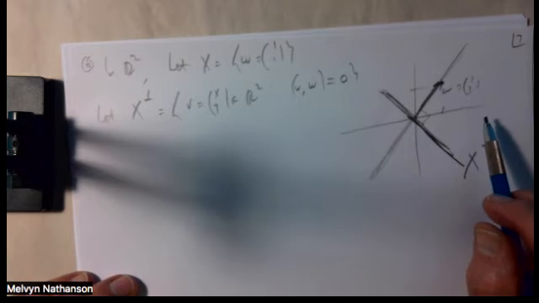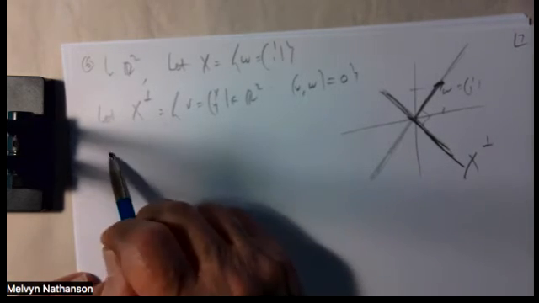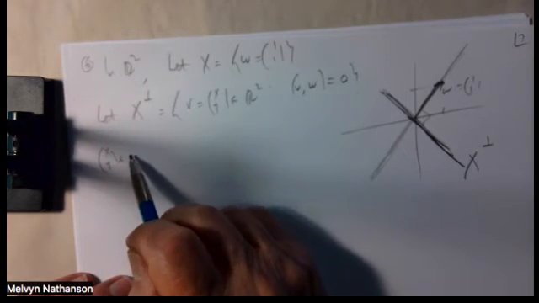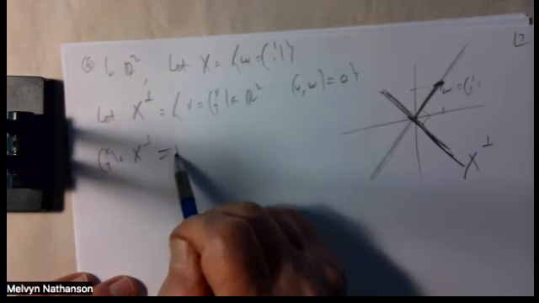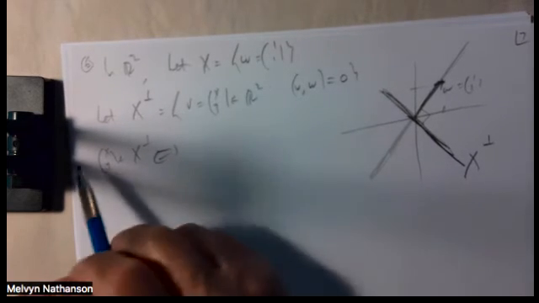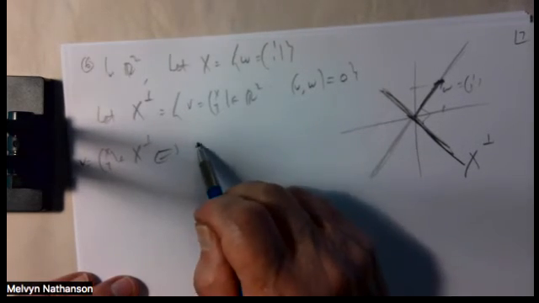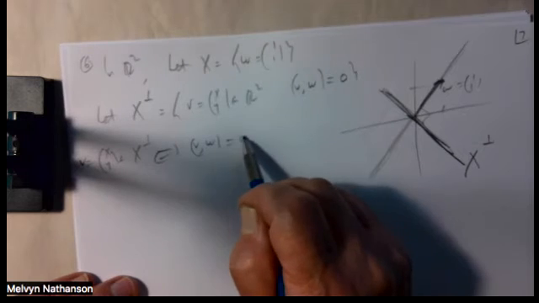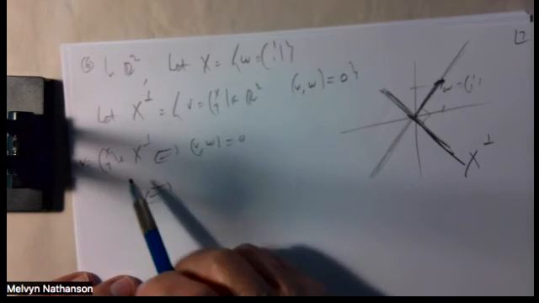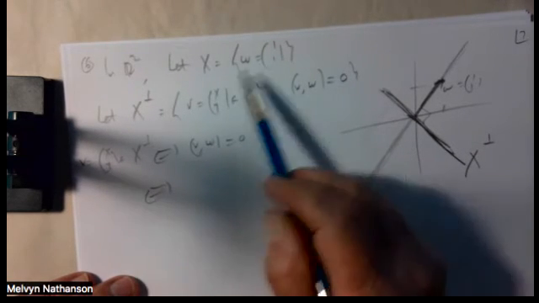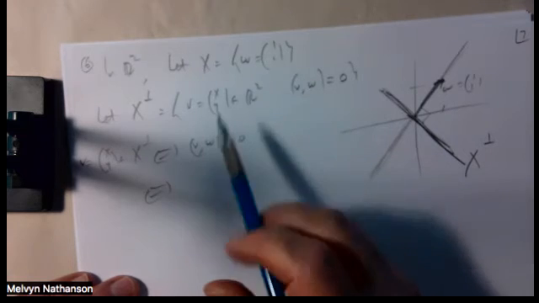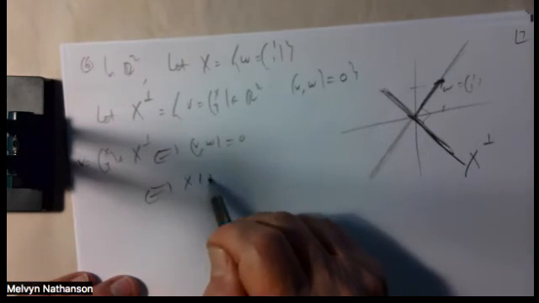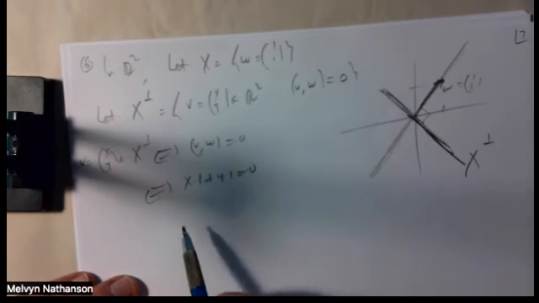But how do we actually calculate that? So the vector (x, y), let's call this v, is in X perp if and only if the inner product of v and w is 0. The inner product of v, which is (x, y), and w, which is (1, 1), is x times 1 plus y times 1 equals 0.